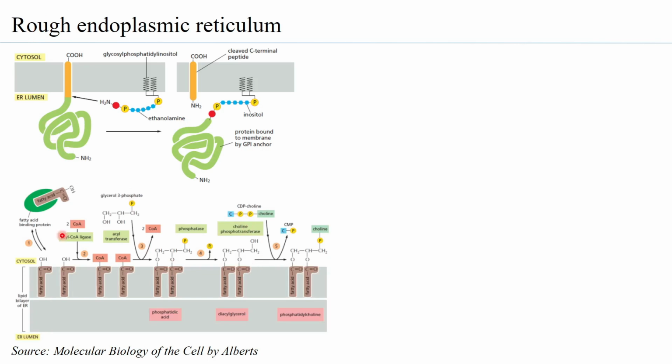Then of course it shares a function with the smooth endoplasmic reticulum, and that is that it is able to synthesize many phospholipids. So you can see over here how phosphatidylcholine is being formed. This is something that is carried out by the smooth endoplasmic reticulum also.